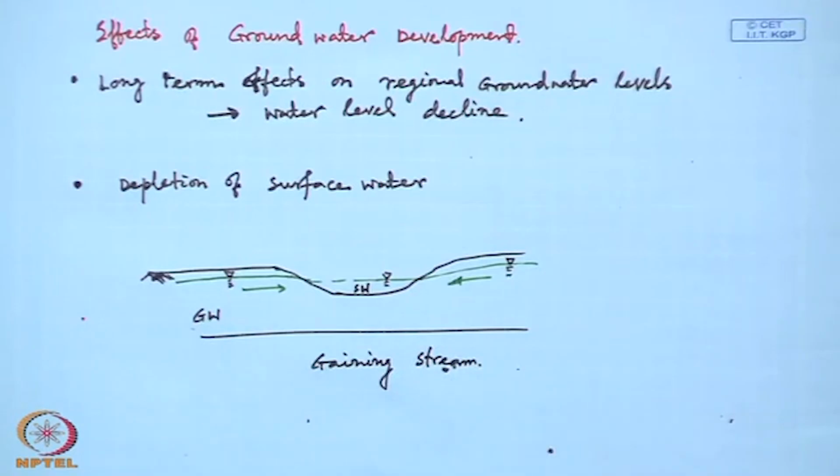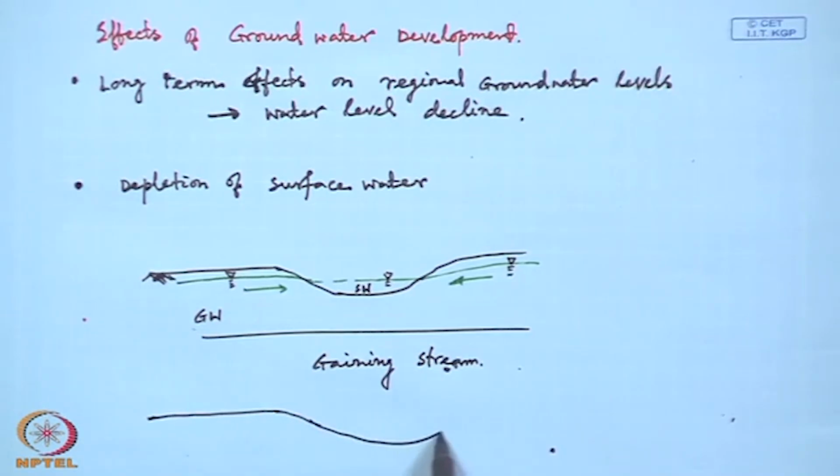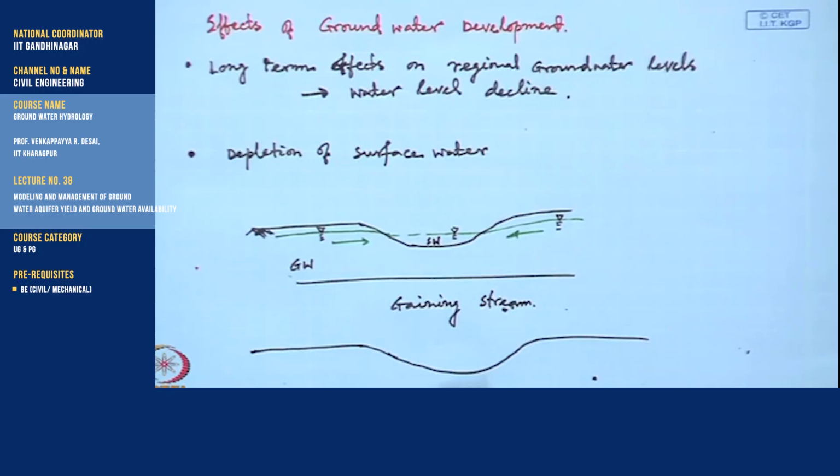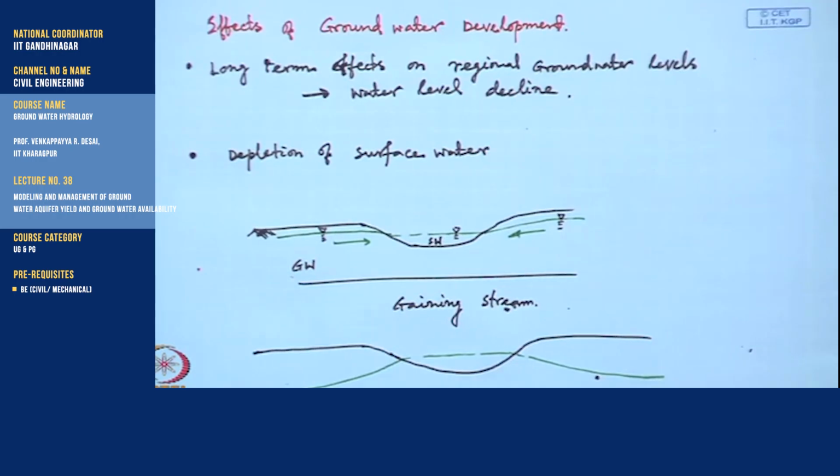Otherwise, if this groundwater level is below the surface water, then there will be movement of water from surface water towards the groundwater body, then we can say that as losing stream.